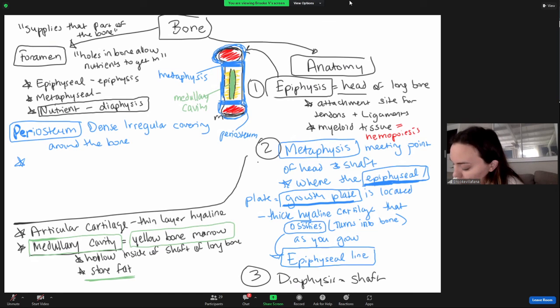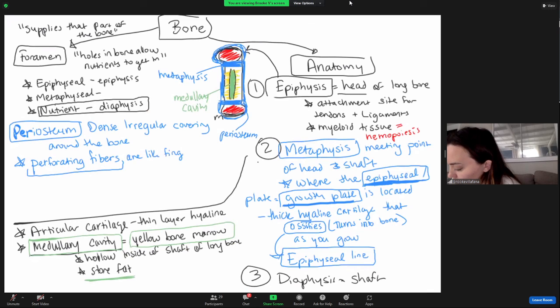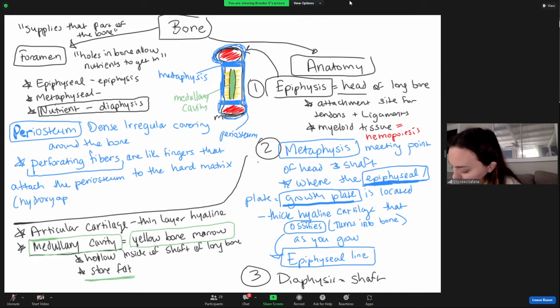So this periosteum is anchored to the hard hydroxyapatite of the bone by perforating fibers. So perforating fibers are like fingers that attach the periosteum to the hard matrix, which is called hydroxyapatite, of the bone.